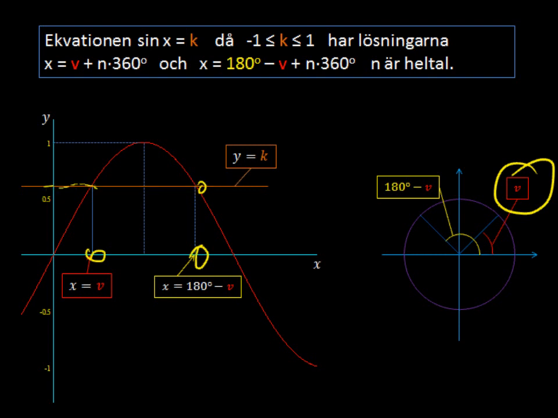Now, sometimes you can't read it right off of a graph, but a calculator can help you out, and so can other programs that draw them. But if you have something other than where the sine of x equals 1 or minus 1, you will get two places that reflect it.